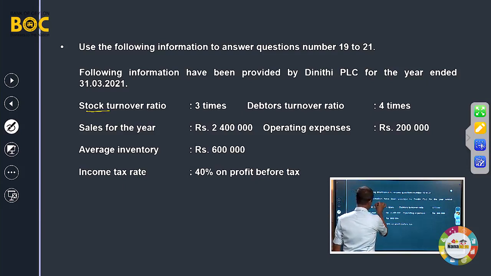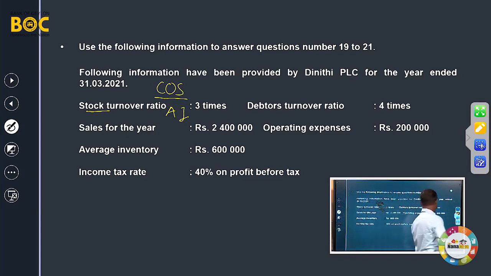The stock turnover ratio equals cost of sales divided by average inventory. The debtors turnover ratio equals credit sales divided by average debtors.